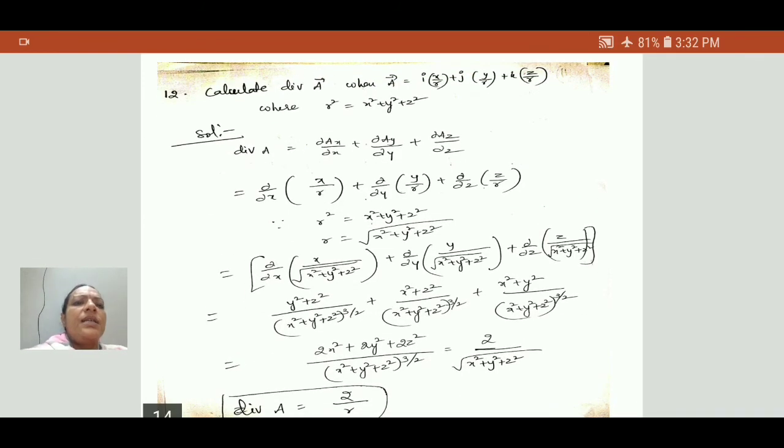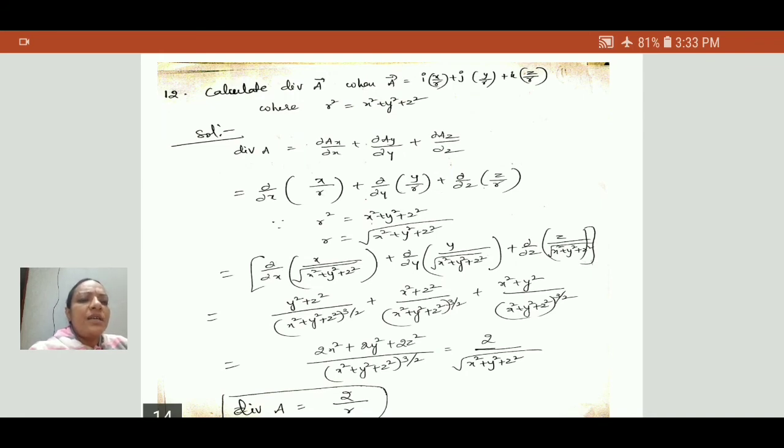Next, this is also based on divergence. Calculate the divergence of A when A is equal to i times x by r plus j times y by r plus k times z by r.